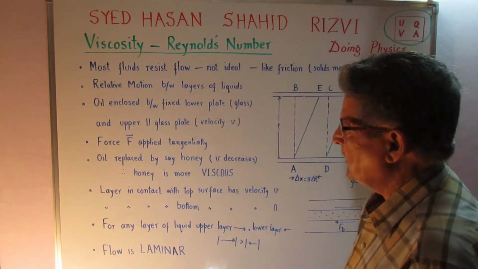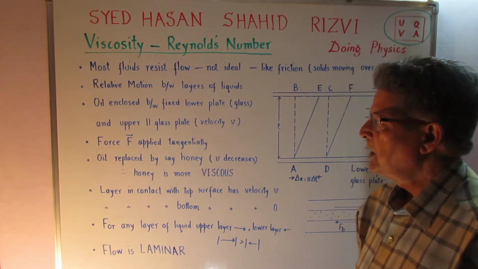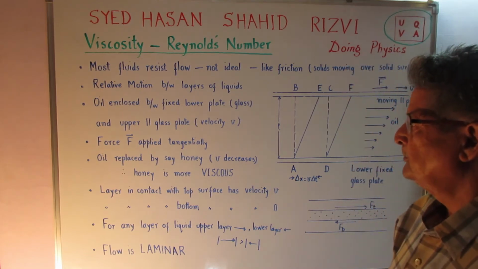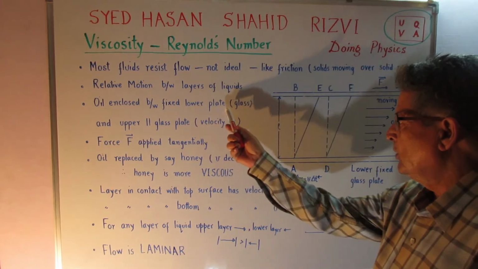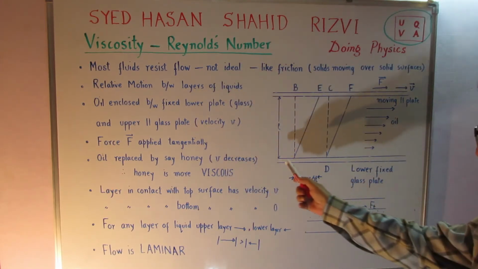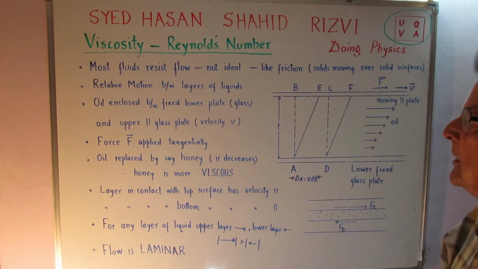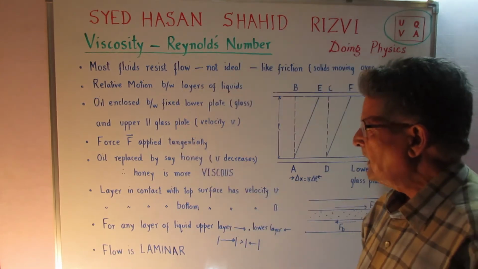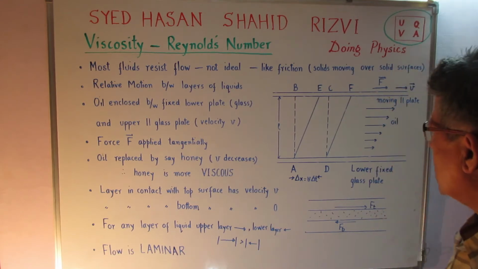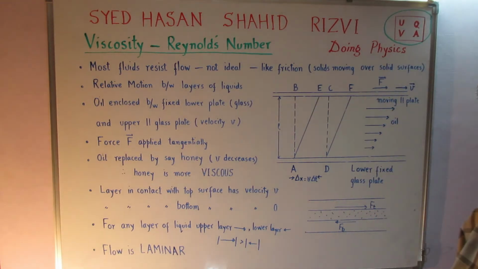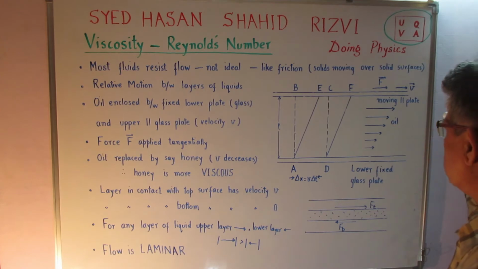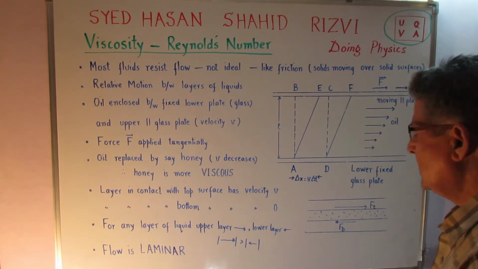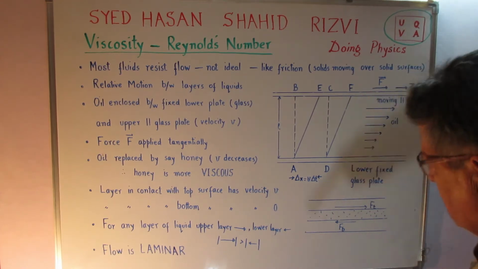Now, for example, I take a case study where we enclose a very thin film of oil between a fixed lower glass plate, this plate that I've shown here, and the upper parallel glass plate, which we are able to move with the velocity v over the layer of oil. Now, of course, we apply a force parallel to the lower plate.